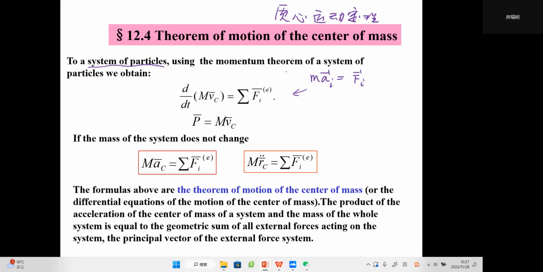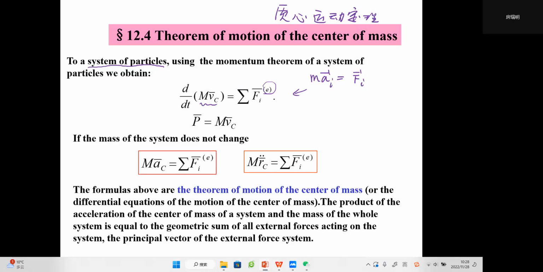Using the momentum theorem of a system of particles, because this is the momentum of a system of particles, if we do the first derivative calculation, d(mvc)/dt should equal sigma Fi^E. This E means all the external forces acting on this system of particles, right?